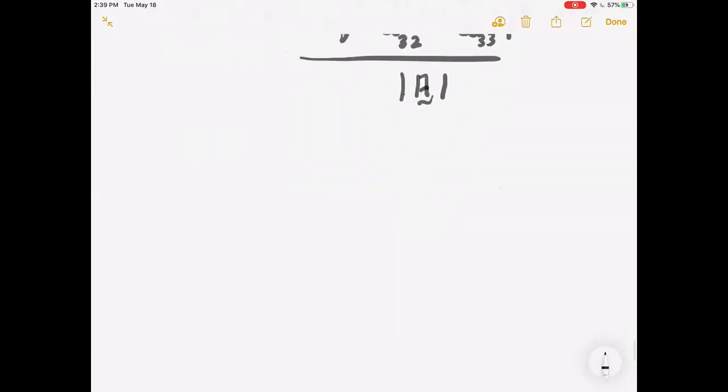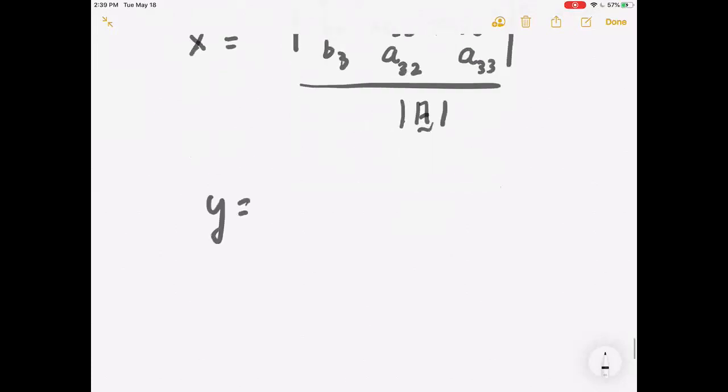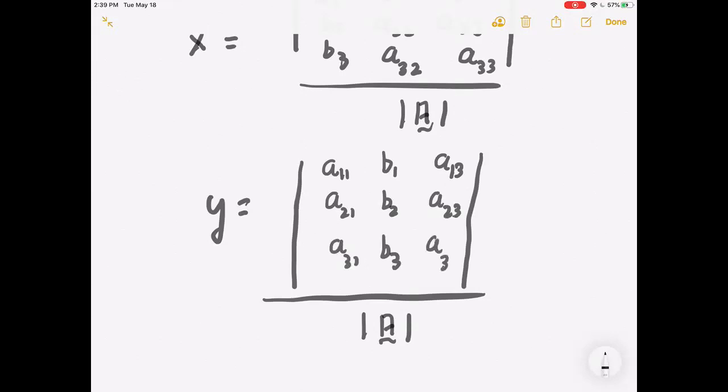Y, again, you can show by brute force, is going to have a numerator that's complicated. Its denominator is still going to be the determinant of the coefficient matrix. And in the numerator, it's going to look like the determinant where the matrix elements are a11, b1, a13, a21, b sub 2, a sub 2,3, a sub 3,1, b sub 3, a sub 3,3.